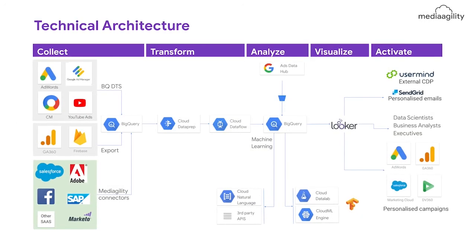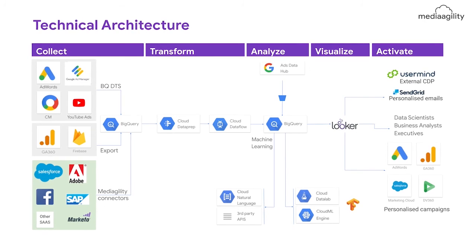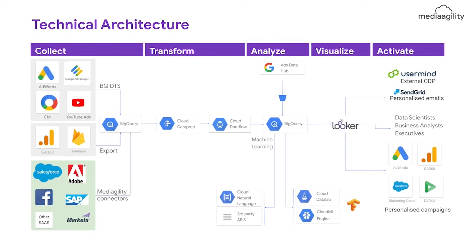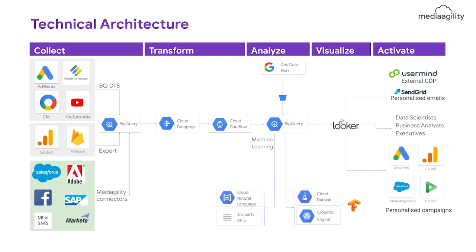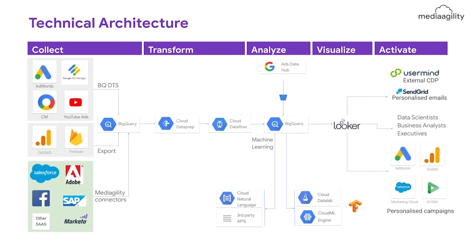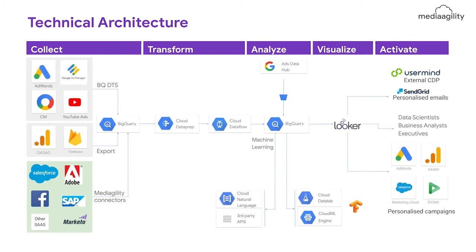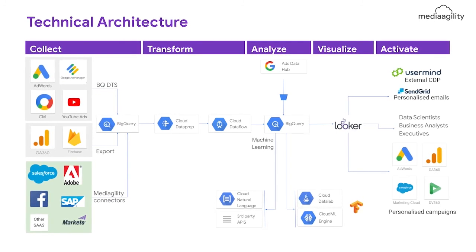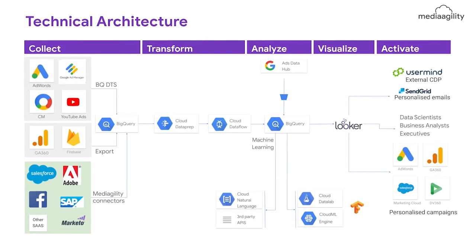And what we are doing currently with all our customers is ingesting all of their marketing data, whether it is from Google ads, Facebook ads or Twitter. We ingest all of this data into our global enterprise data warehouse in Google Cloud, which is BigQuery.